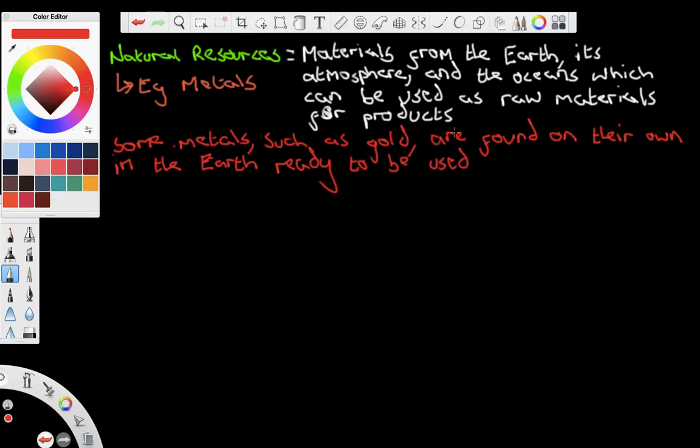So we find some metals or some resources, such as gold, which are ready to be used.